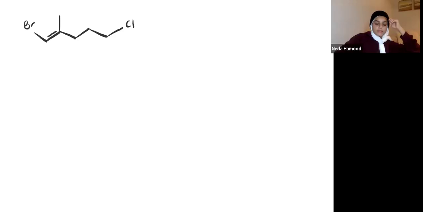Yeah, so just name this compound with the correct E and Z designation. So like if he was going to do this, he would say, give the IUPAC name of the following compound, include the correct E and Z designation. And then if you guys finish this one, then you can also do this one.